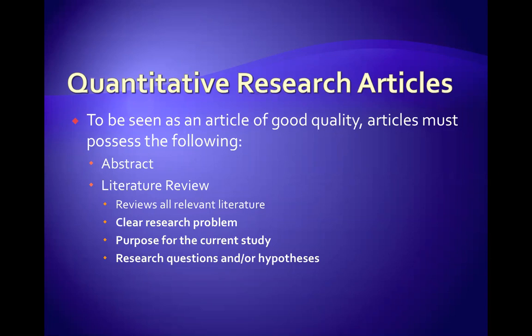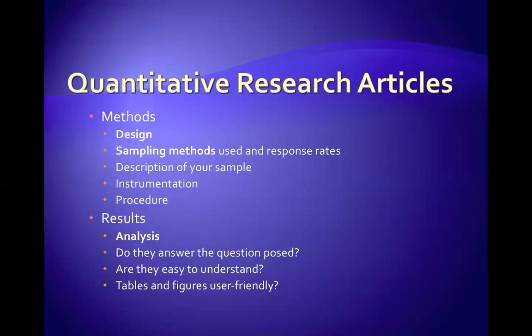So there's that. Of course, we have the literature review, and the literature review is really where the research problems, the purpose of the study, and the questions and hypotheses are presented. So that's what we're going to focus on today as a general review, and then we'll come back to it later on. Then we have the methods section, which lists the design, the sampling methods, instrumentation, procedures, and then the analyses.